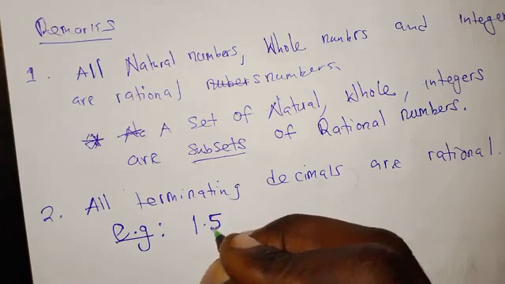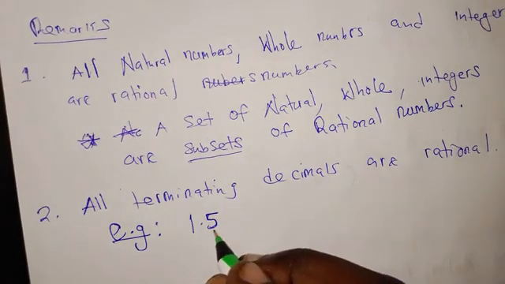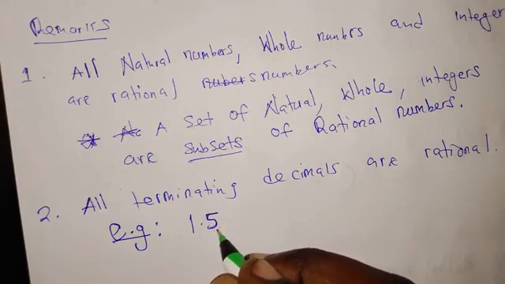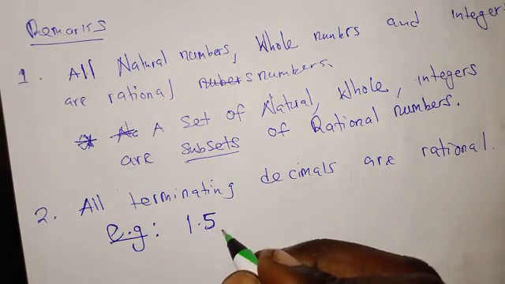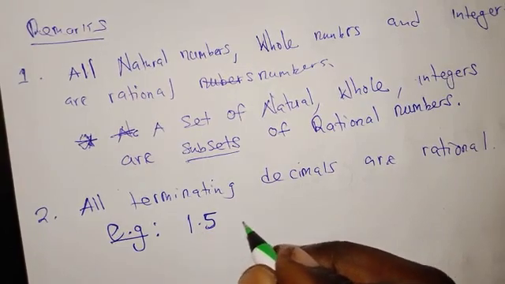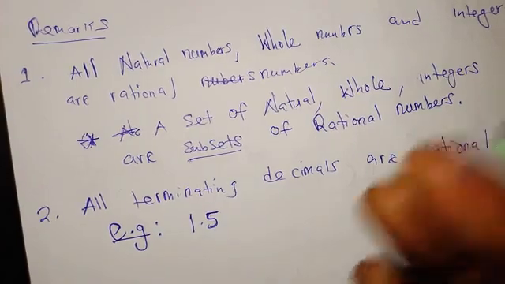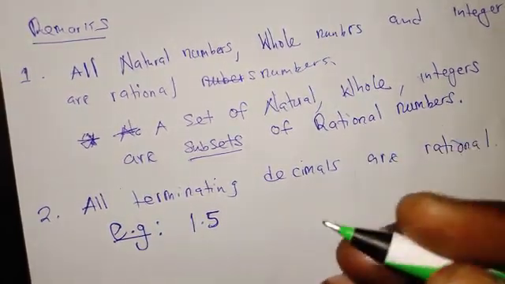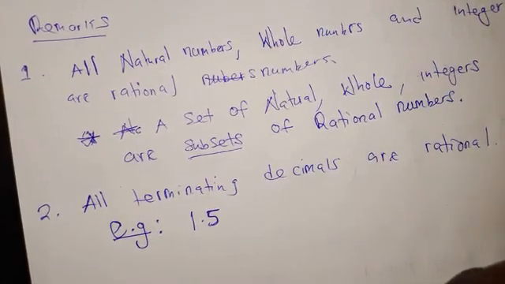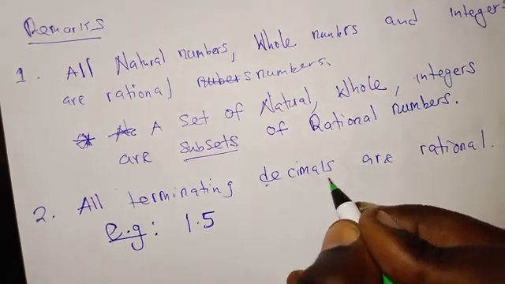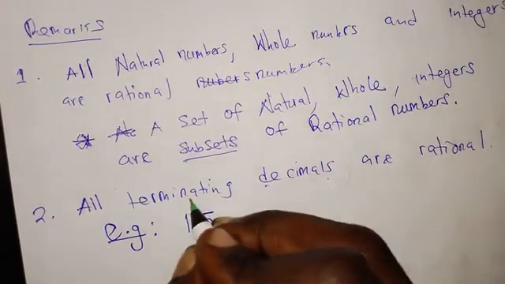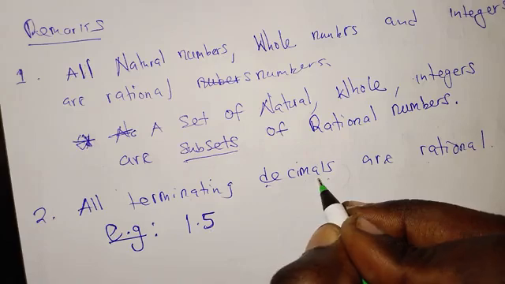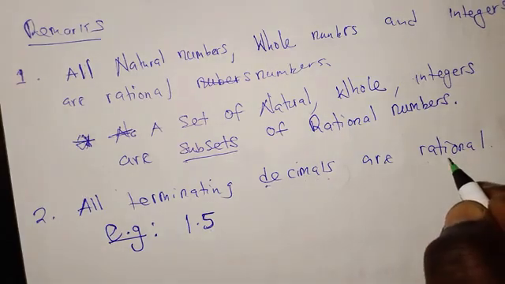This is a decimal number, but keep in mind it is terminating. There are some numbers which are non-terminating. You do not know the end, whereby it will be continuous, like 1.4321 until we don't know the end. They can't terminate. But when it comes to rational numbers, we're simply saying that all terminating decimals are rational.